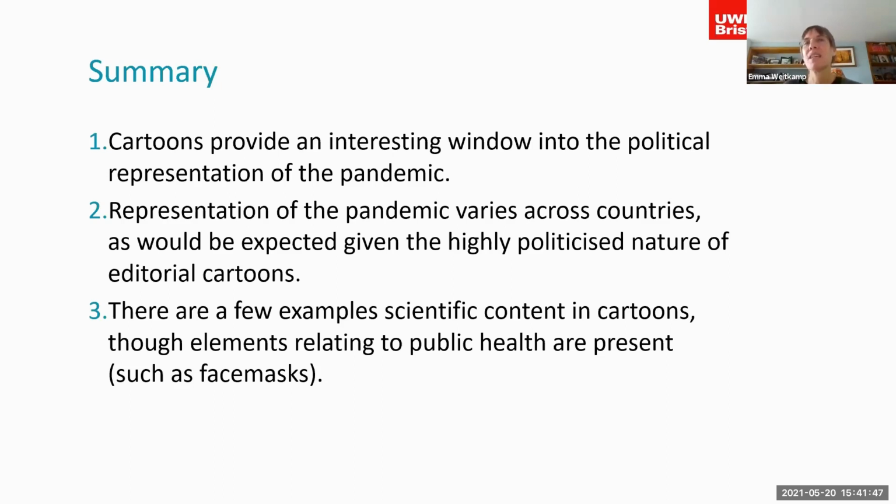But beyond that, there really wasn't any discussion of, for example, the scientific evidence around lockdown or around particular behaviours. It's really much more about those political, social decisions. It's economy, it's governance. It's not where does the science fit into this. So I think we found that a little bit surprising.